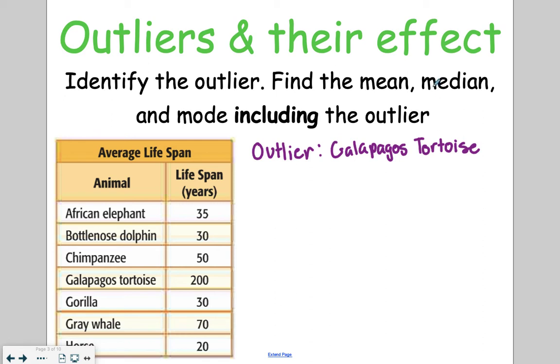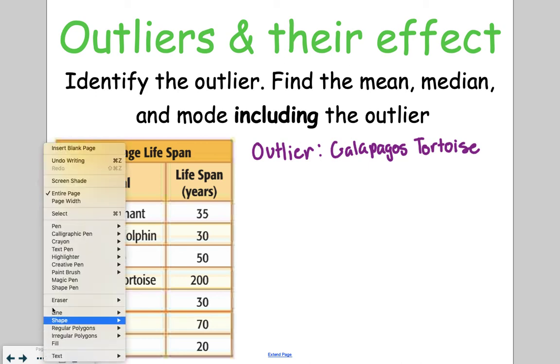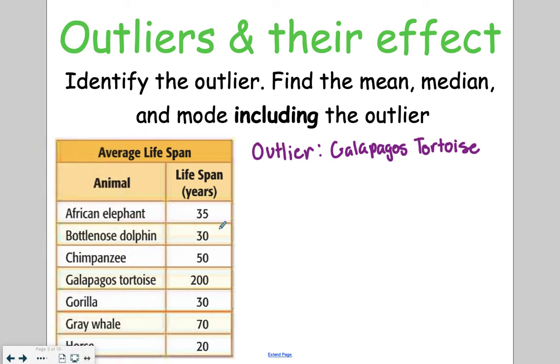The next thing we're going to do is calculate the mean, the median, and the mode, including that value. So the first thing we're going to do is calculate the mean. So 35 plus 30 plus 50 plus 200 plus 30 plus 70 plus 20.